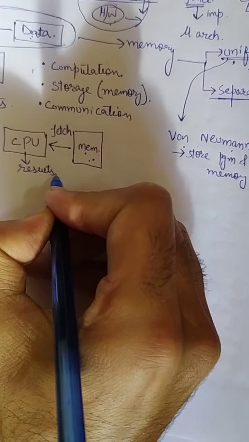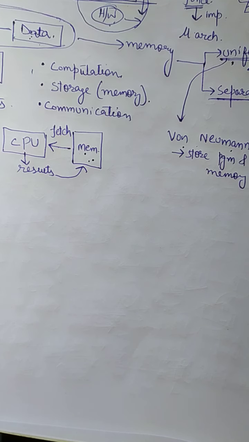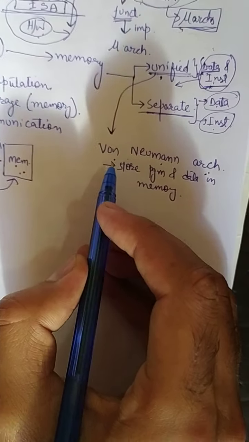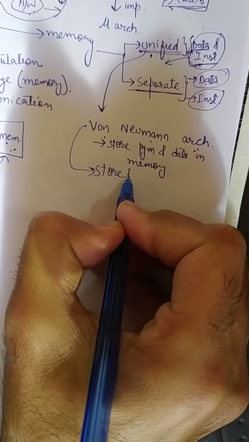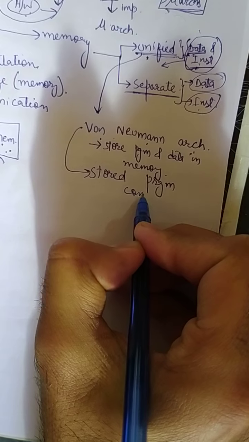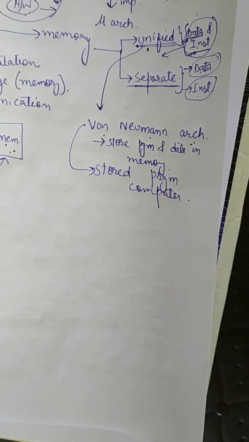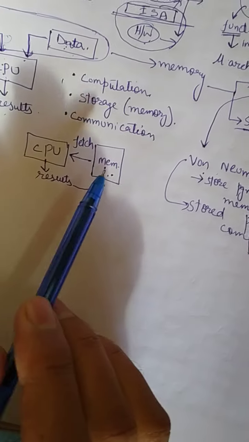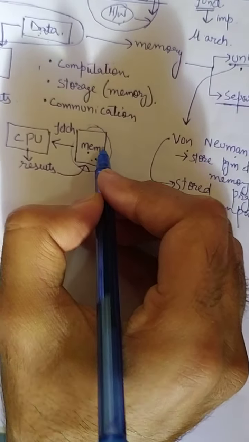The results are then again stored back into the memory. Okay. So von Neumann architecture is also called a stored program computer.